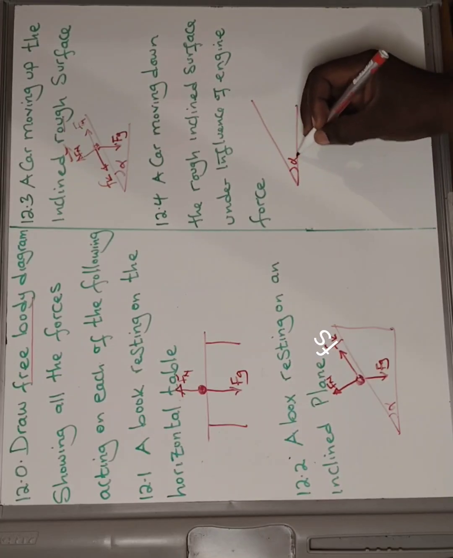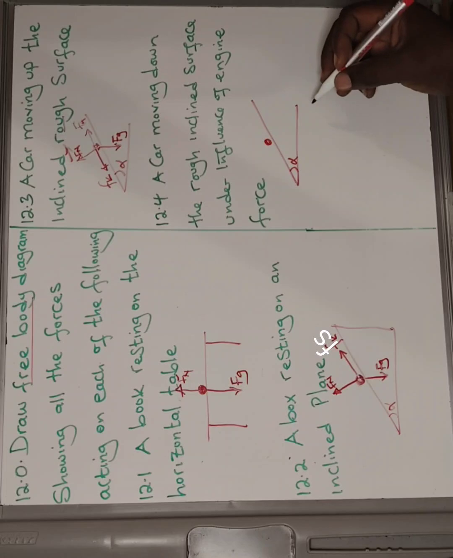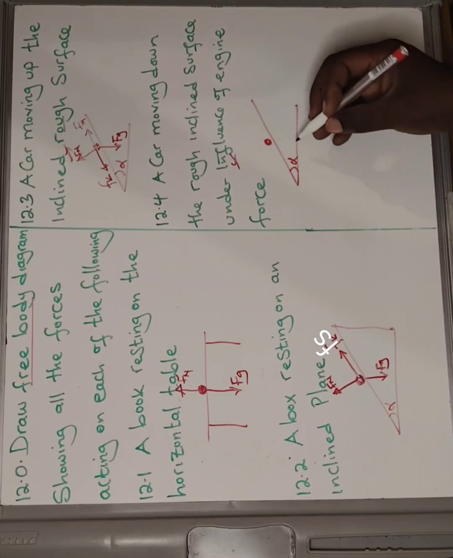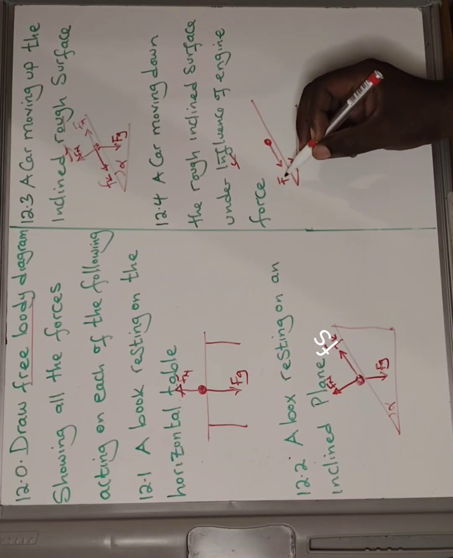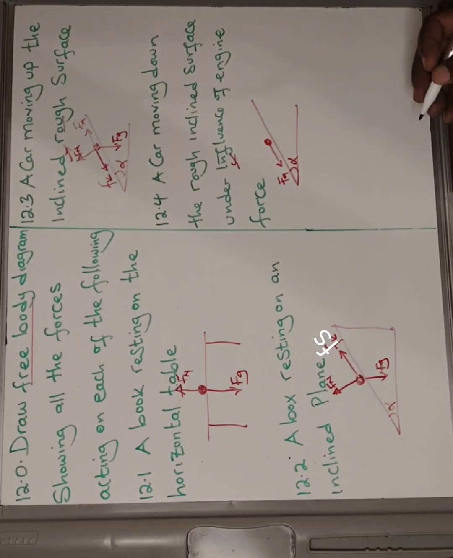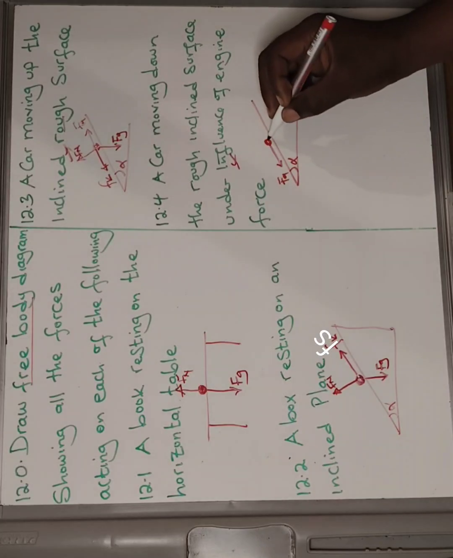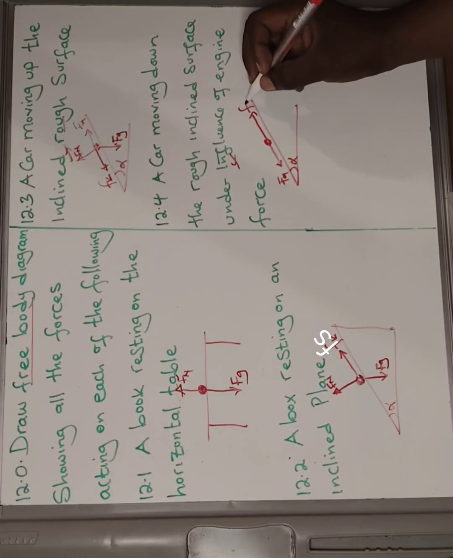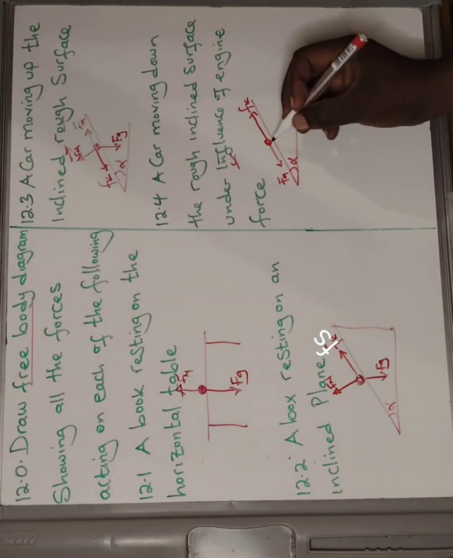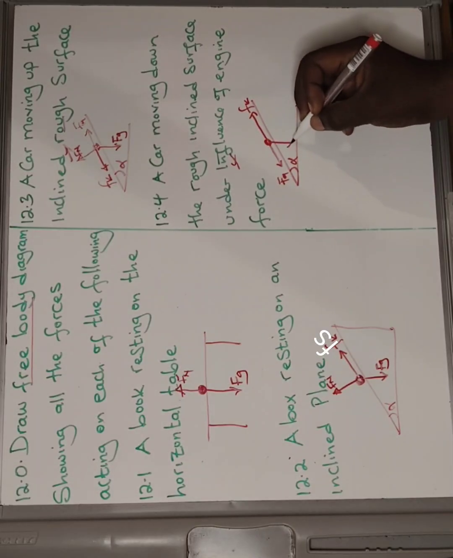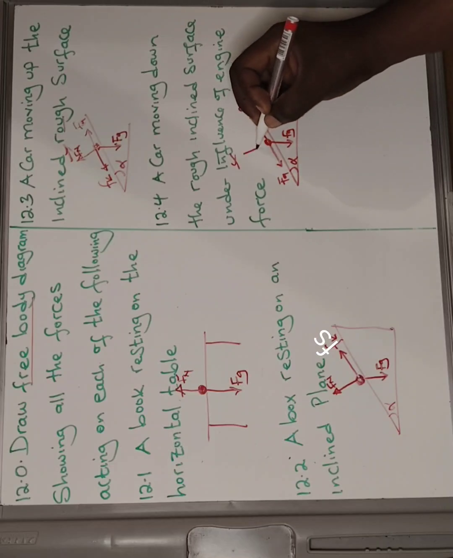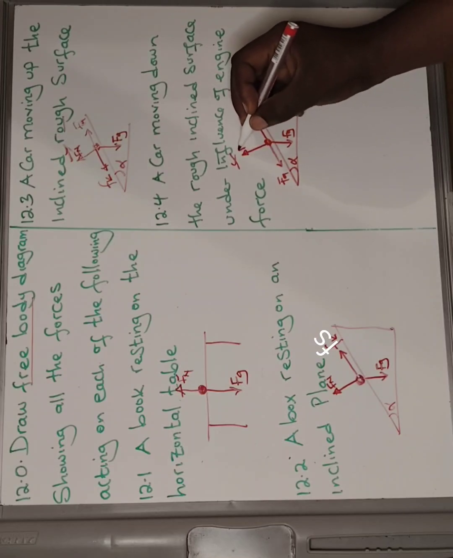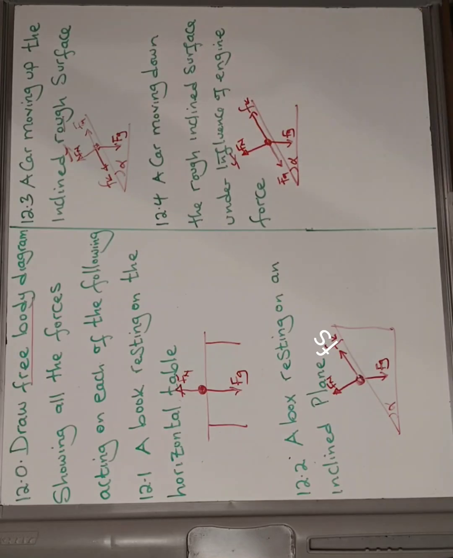We have our incline, and the car is moving where? Down. And we said there is applied force. So what other forces do we know? It's rough, so which means that there is friction force up there. What else do we know? There is Fg going vertically downwards. What else do we know? There is normal force. Remember, it must meet the surface at 90. So that is the scenario we are having.